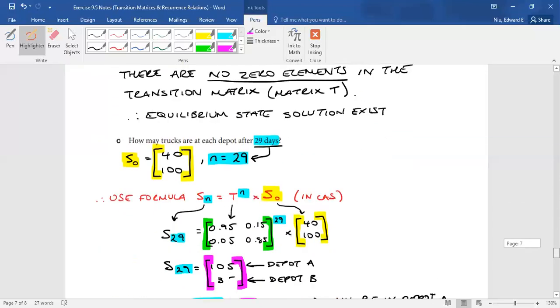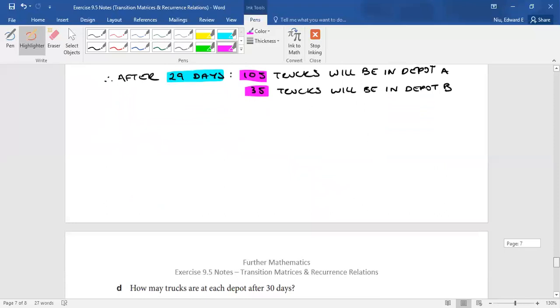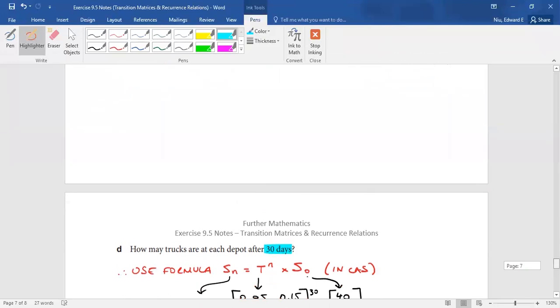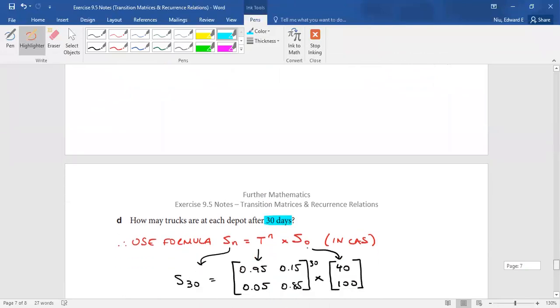Well, let's see what happens after 30 days. No spoilers, so we'll scroll down for the anticipation. Here's our formula that we've come so accustomed to now. So whenever we see an N, we replace it. Whenever we see the transition matrix, we know that's one that we were given at the start of the question.